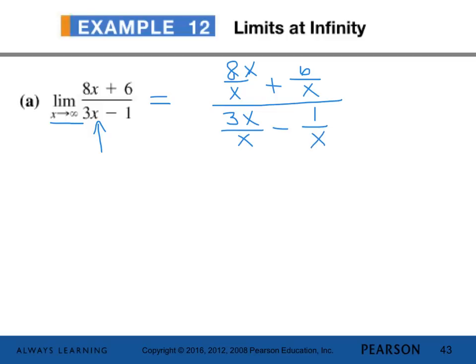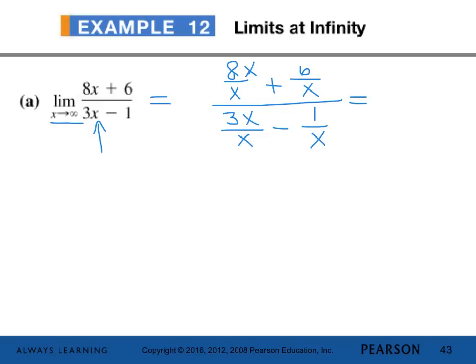And this is perfectly legal because all you're doing is basically dividing by x over x, or multiplying by 1 over x, both in the numerator and the denominator. So this is a perfectly legal thing to do.